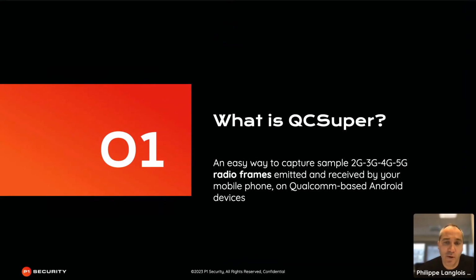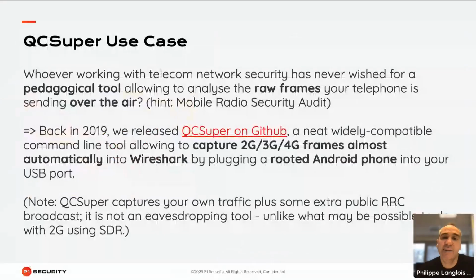QCSuper is basically, for Qualcomm chipsets, a way to capture radio frames that are typically dealt with by the baseband processor. These are typically not seen by the application processor, the main processor in your phone that runs your applications and the operating system.